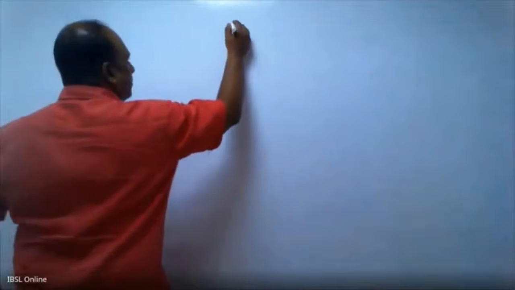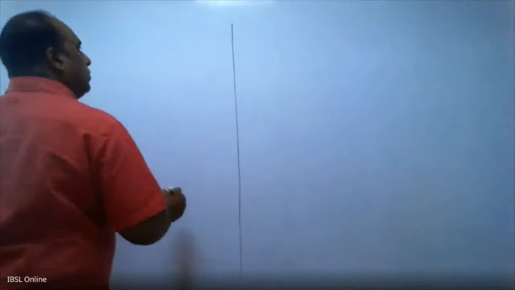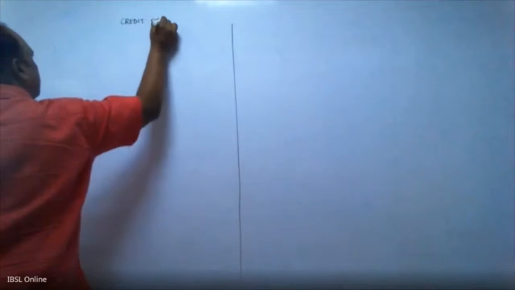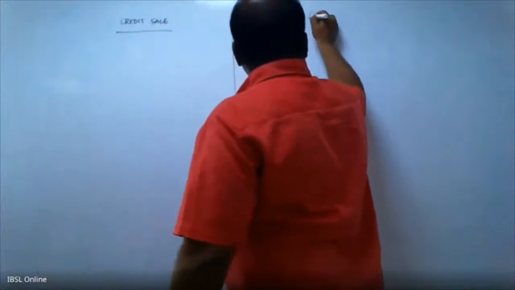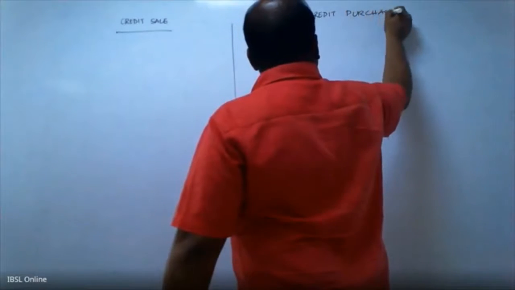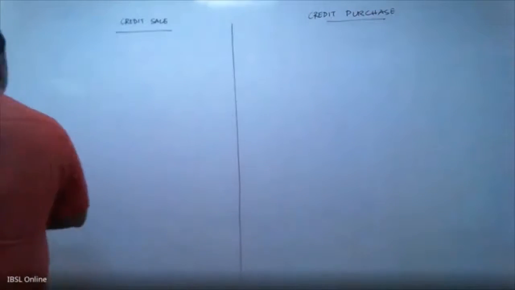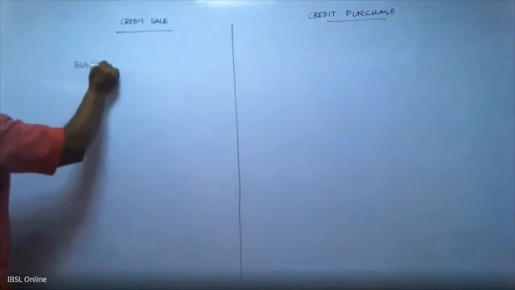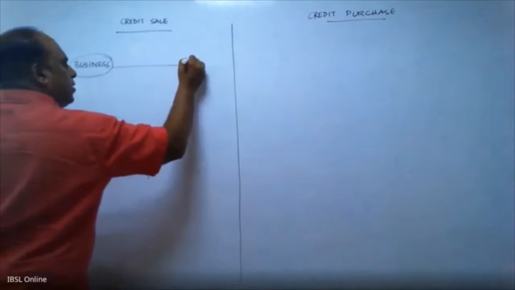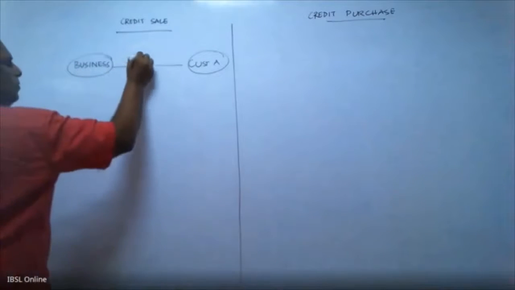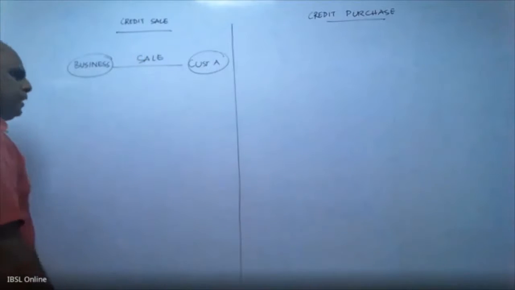Right. So let's look at the two sides, which is a credit sale and a credit purchase. Suppose you are the business and this is your customer A. You do a sale on credit terms.